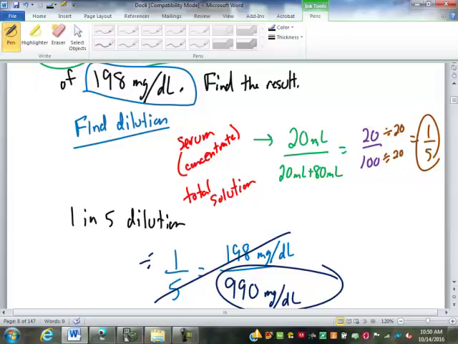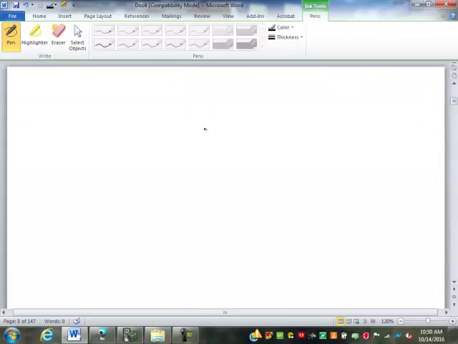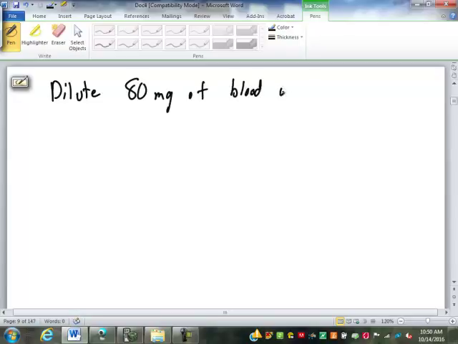Okay. I'm going to give you guys an example. So again, we're going to assume we exceeded the meter, so I'm not going to state that part. But you're going to dilute 80 milligrams of blood with 120 milligrams of NS.